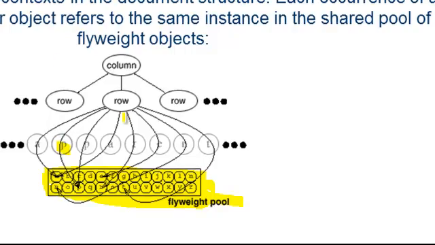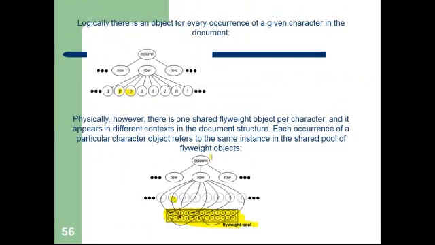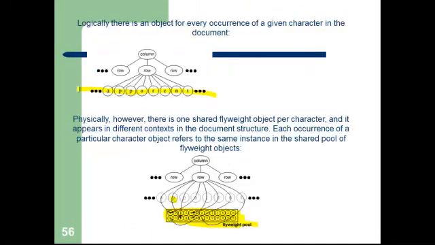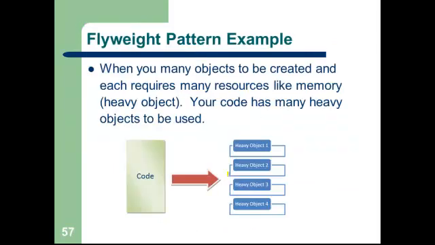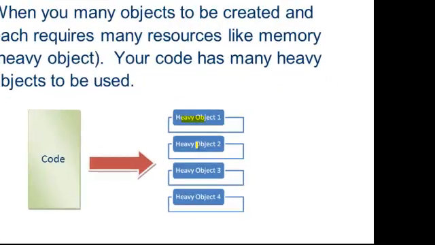So the main goal of the flyweight design pattern is basically performance. I don't want to load hundreds of thousands of characters into memory. Another example that I thought useful is not necessarily many objects. You could also have a few objects, but they're heavy objects.